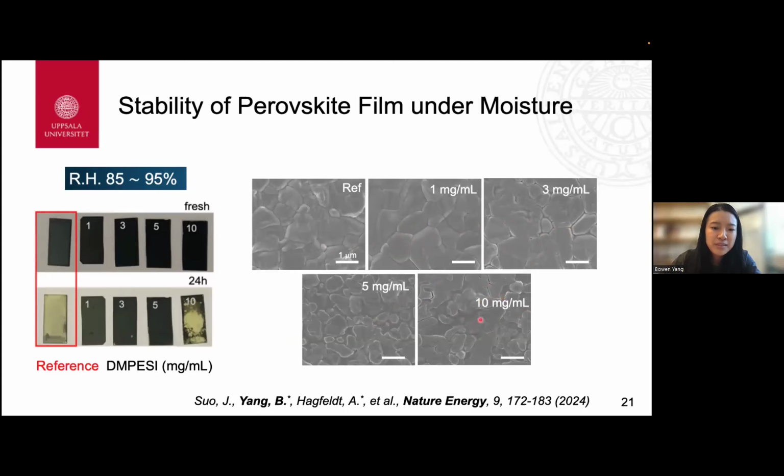But when the perovskite surface is treated with a large amount of DMPSI, we observe a lot of cracks, which you can see in these red circled areas, for example. So we attribute this poor surface coverage to the aggregation of the excessive DMPSI on the surface.